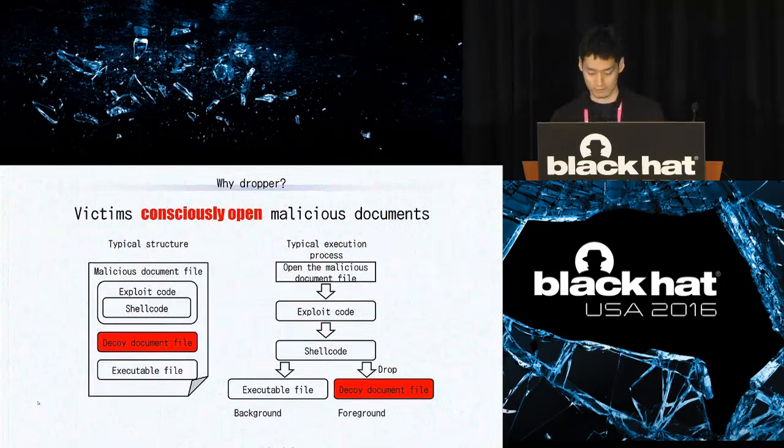Why? In the case of targeted attacks, victims are tricked into opening malicious documents because the email has a charming title and body. If the malware does not show any document, the victim notices that this email is suspicious, and the infection will get noticed in a short time.